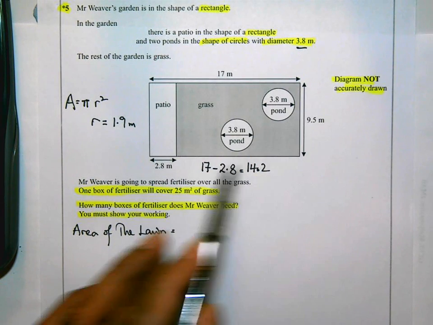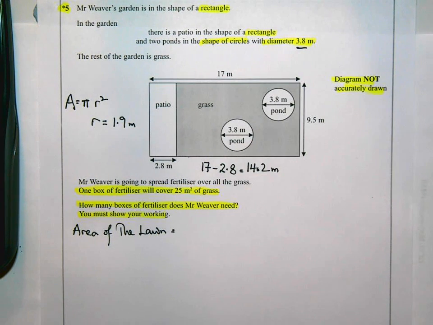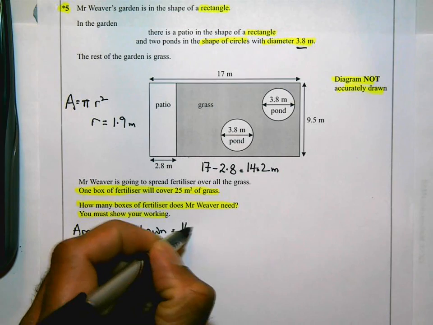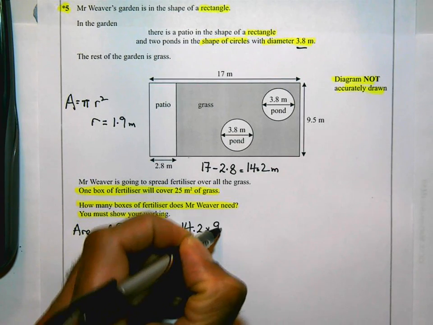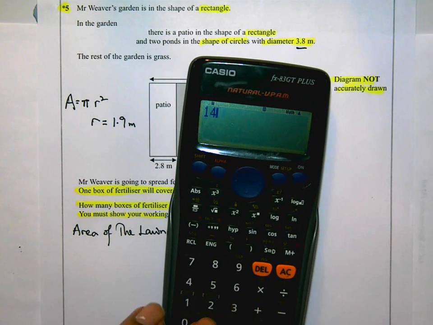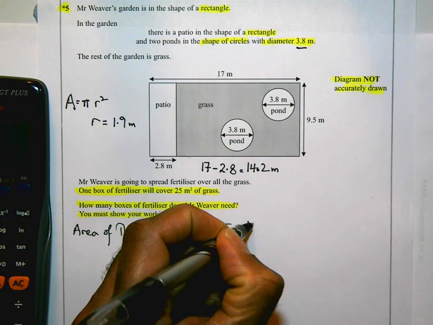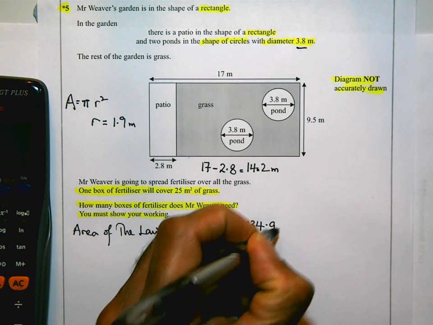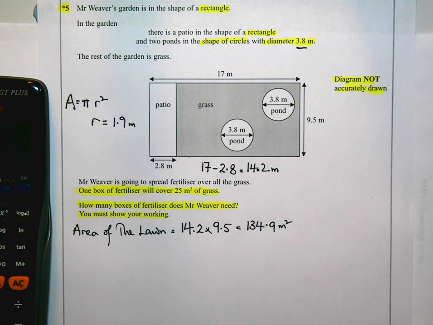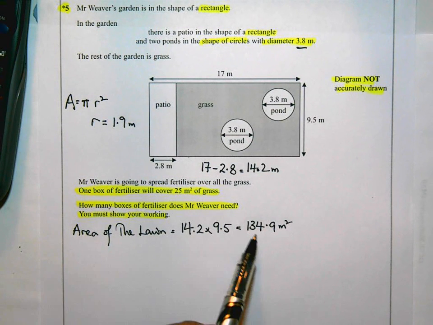Its length is 14.2 meters, and its width is 9.5 meters. So 14.2 times 9.5 equals 134.9, and that's meters squared. I'm putting in the units here, just in case there are extra marks for that.